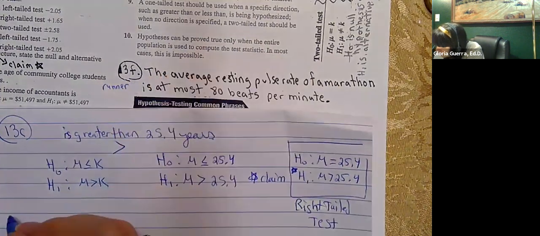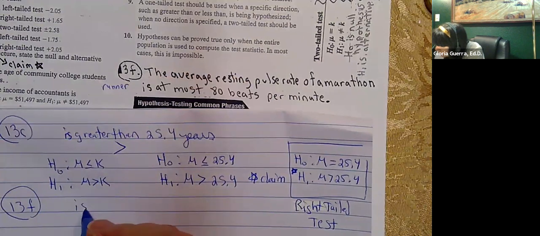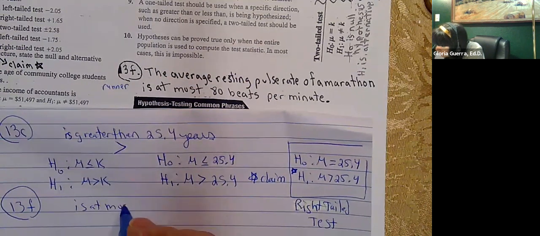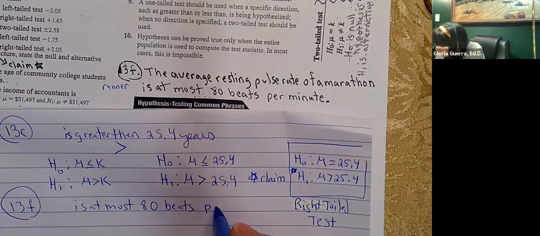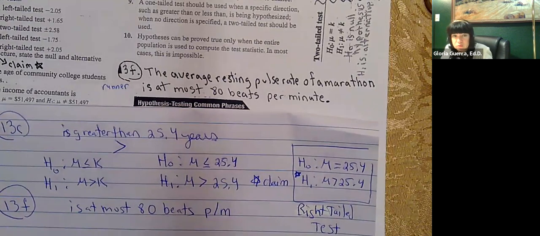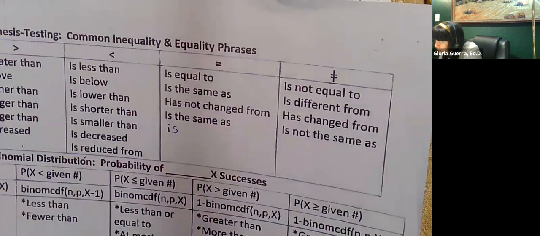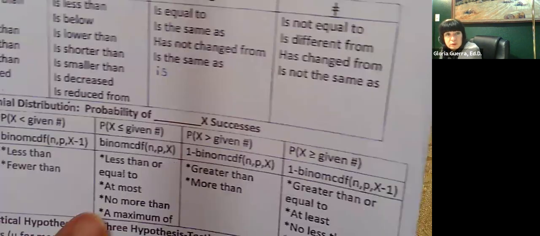So for 13F, the keyword is "at most 80 beats per minute." Where is "at most"? Sometimes I have to go to the binomial keyword.